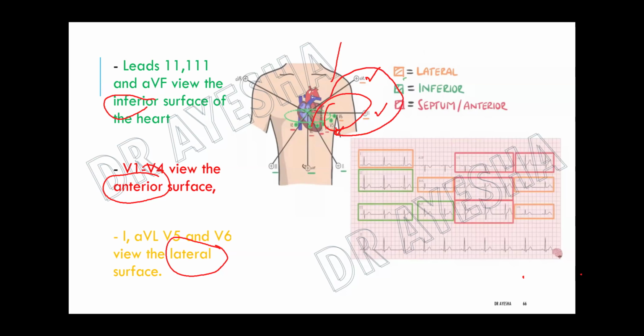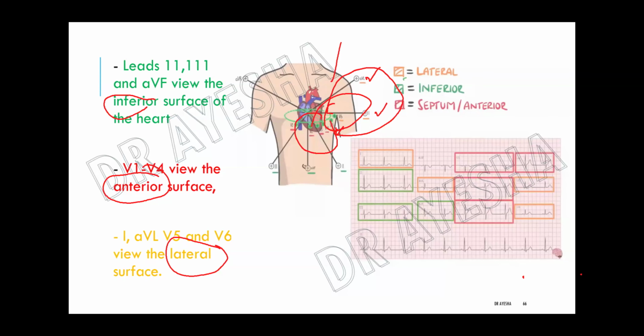These look at your heart laterally. If you find any changes in these leads, it means the problem is more towards the left ventricle, the lateral side of the heart. The anterior side is mainly seen by your chest leads, from V1.